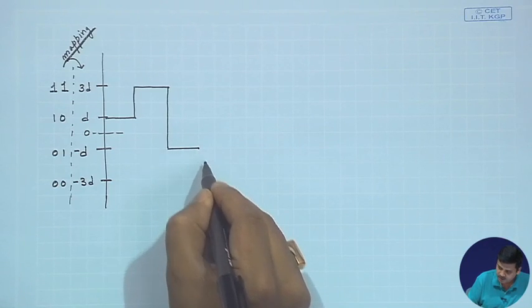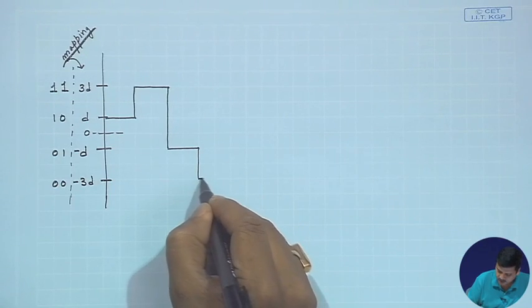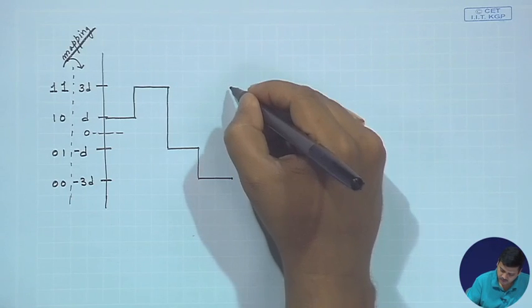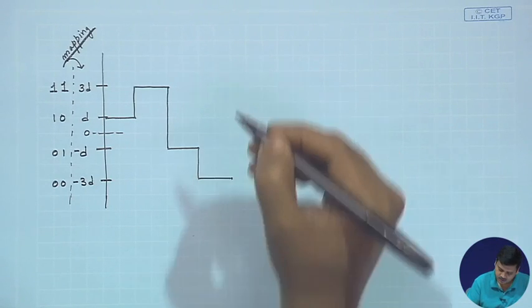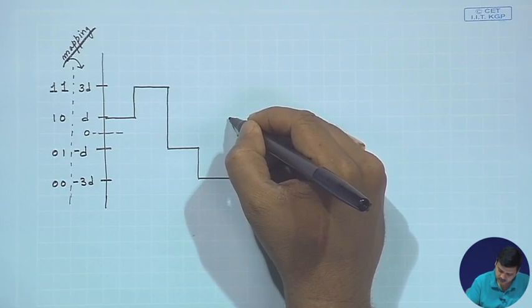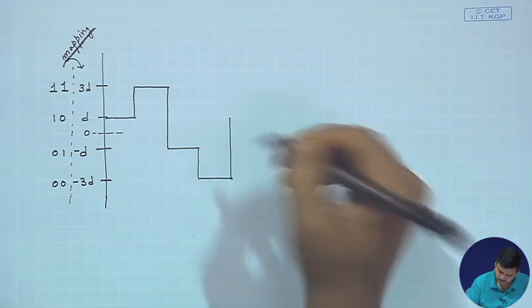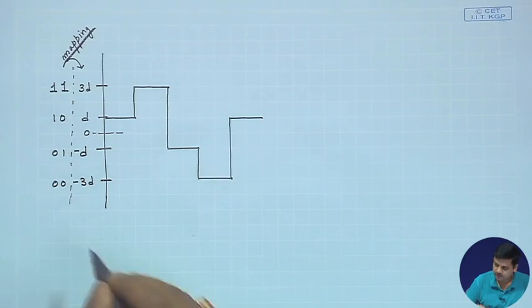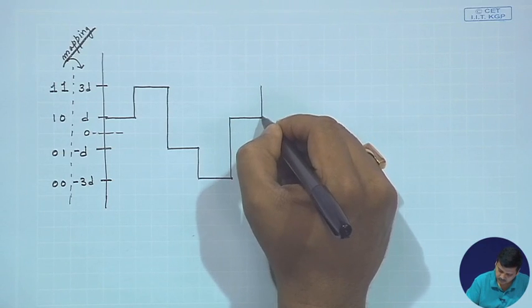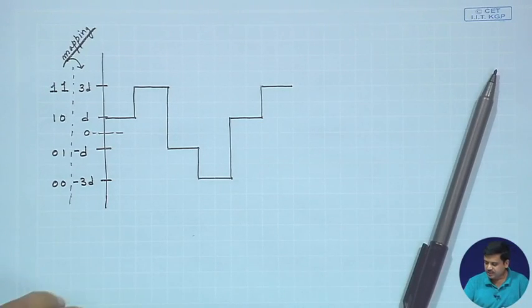This is an arbitrary waveform example that I am taking, and not following the earlier example, purely for the sake of discussion. And then we say that noise is added. So, this is the waveform that goes through the channel.